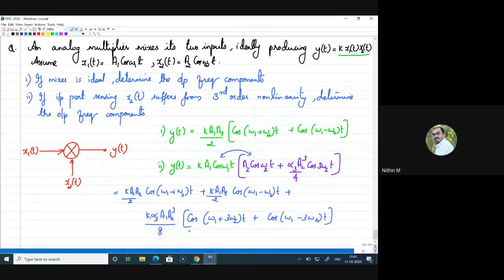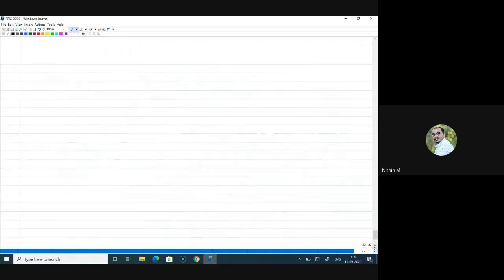We know that the last two components are unwanted components. Why unwanted? Because those are formed out of the nonlinearity, right?